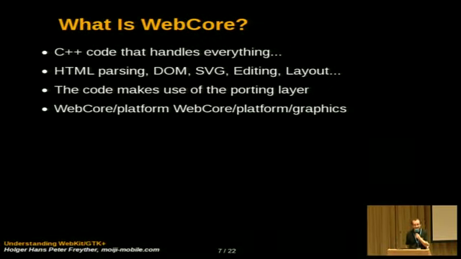Okay. The next biggest part of WebKit is actually the WebCore directory, which is responsible for everything. Mostly, it contains the HTML parsing, the DOM tree handling, SVG, editing, layout, the code for printing. So anything which is related to the engine itself is inside the WebCore directory.